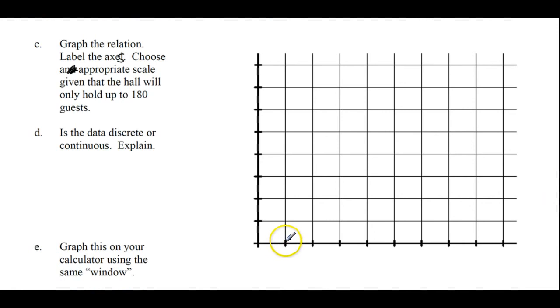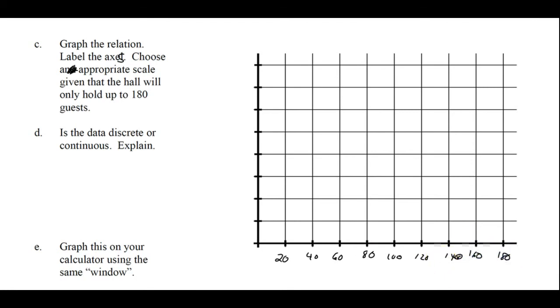So how many ticks do we have? 1, 2, 3, 4, 5, 6, 7, 8, 9. So I'm thinking 20. 180 divided by 9 is 20. 20, 40, 60, 80, 100, 120, 140, 160, and 180.